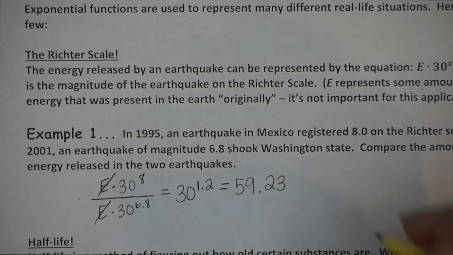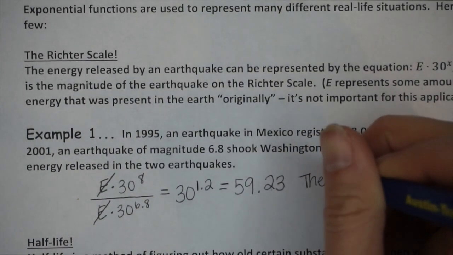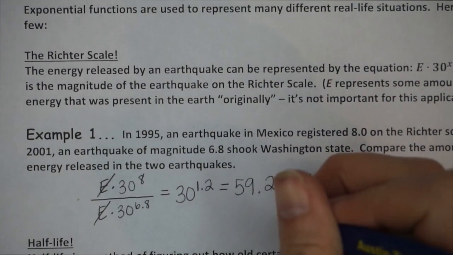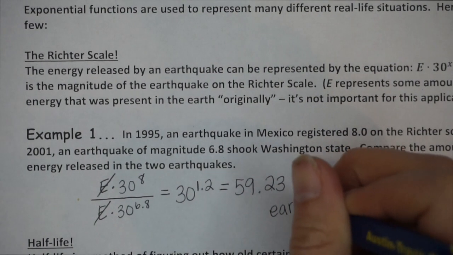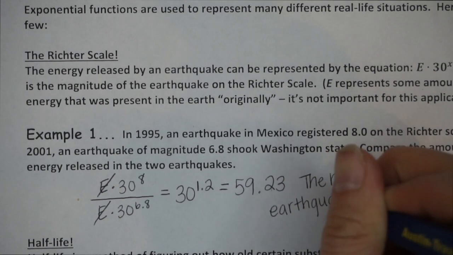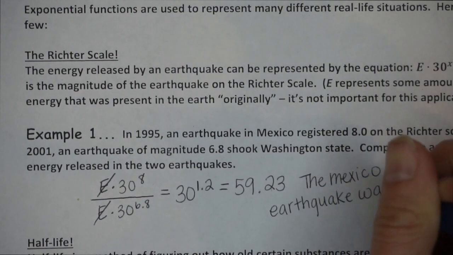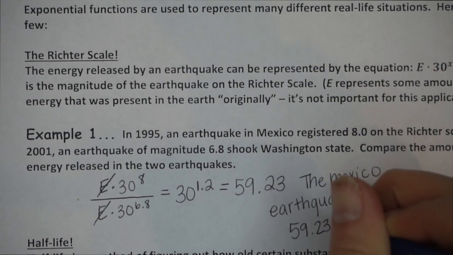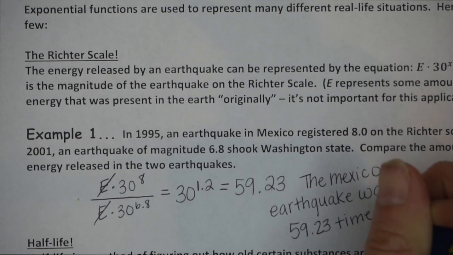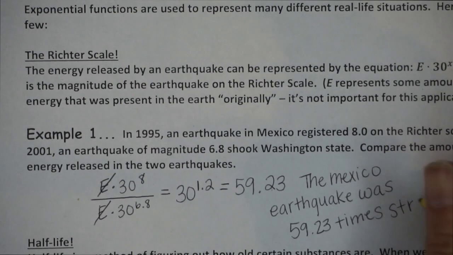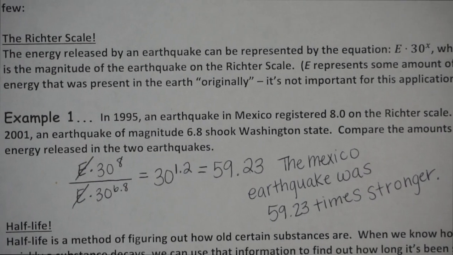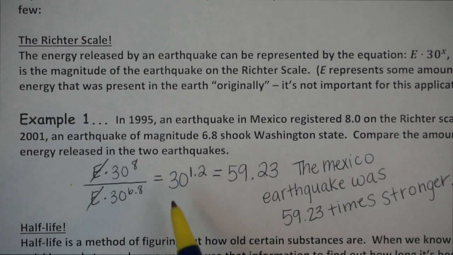All right, so it means the Mexico earthquake was 59.23 times stronger. All right, and so that's what you're going to do on problems that use the Richter scale, earthquake problems.